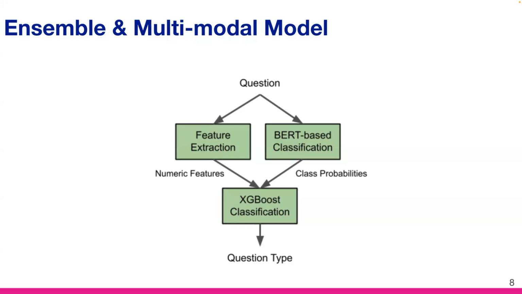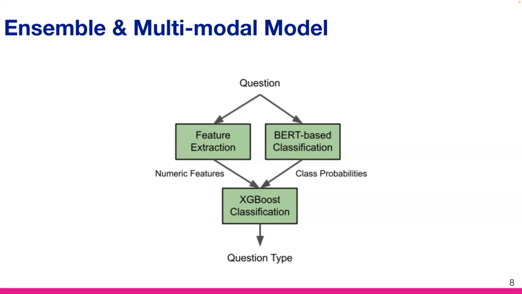So I'm using those 12 probabilities in concatenation with a list of features that are extracted using regex from the text. So it's the rule-based side of it, and those features are numeric features.